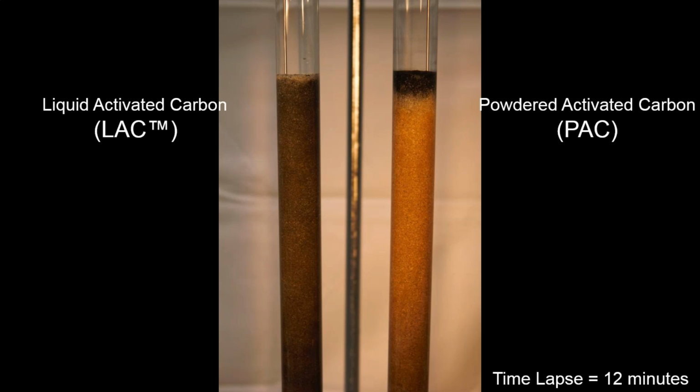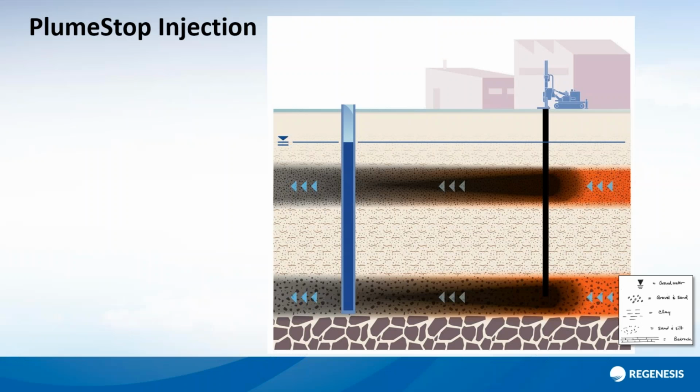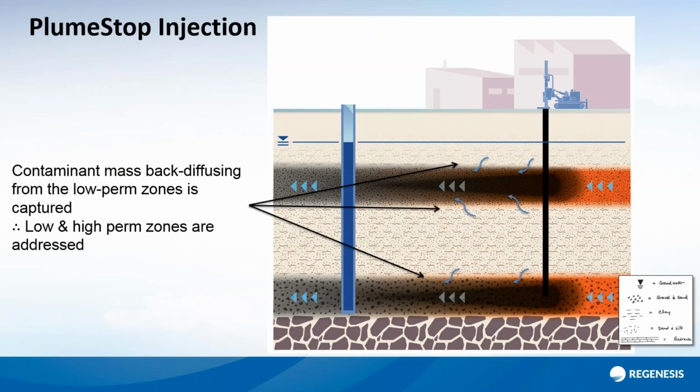Now, what are some of the problems that we're trying to resolve when we apply a material like PlumeStop? Well, one of the issues that we're often confronted with is trying to remediate a site and achieve very low cleanup standards. One of the barriers to that quite often can be matrix diffusion or back diffusion.